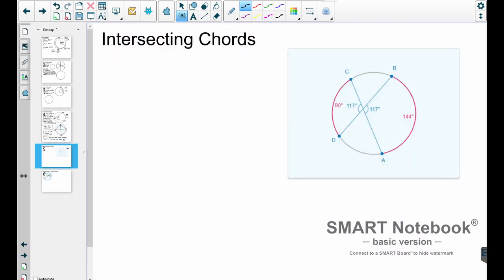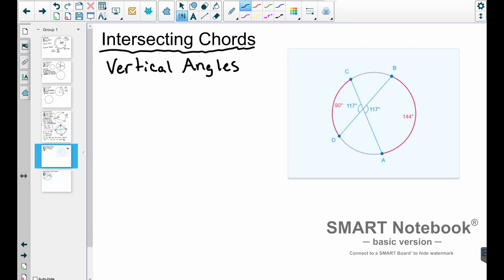So let's talk about intersecting chords. Intersecting chords are interesting to me in that I get to bring back a vocabulary word that you may not have heard in a while, and that is vertical angles. I don't feel like we need to define what intersecting chords are.